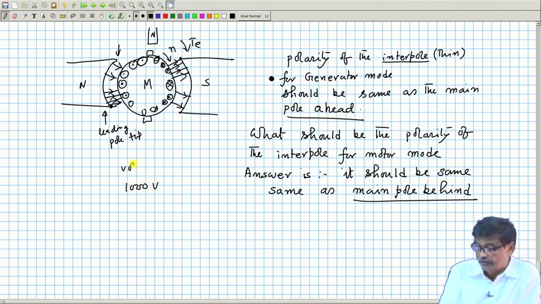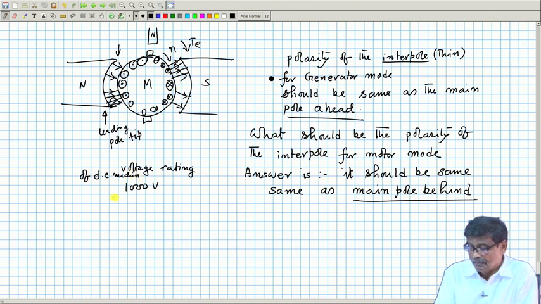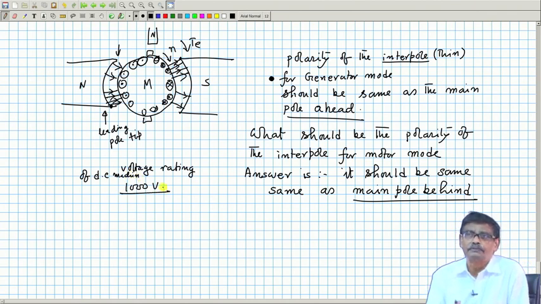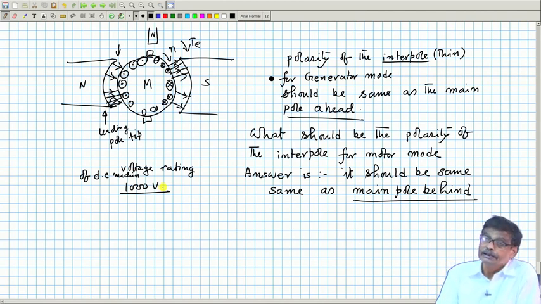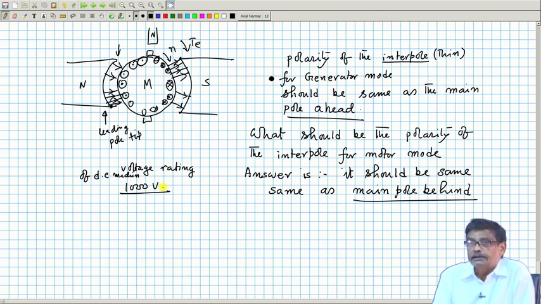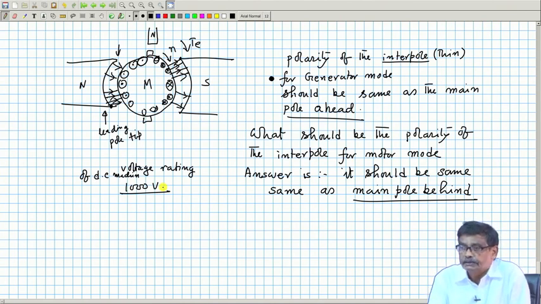Voltage rating of a DC machine may be at best 1000 volt. You will never hear of a 3.3 kV DC machine, it is out of the question. Why? Because at that high voltage, the commutation problem will be severe.